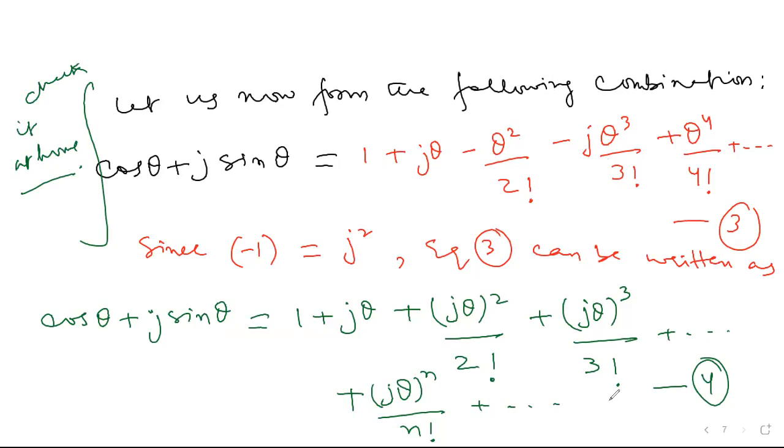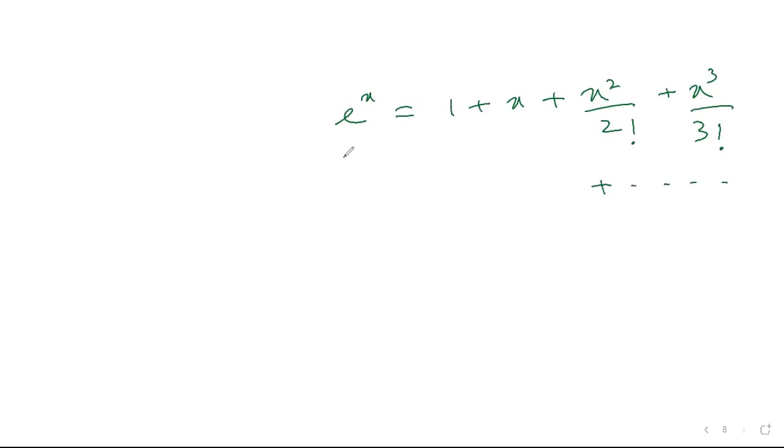Now, the right-hand side of equation 4 has precisely the form of exponential series. You know, e raised to the power x is 1 plus x plus x square by 2 factorial plus x cube by 3 factorial plus so on.